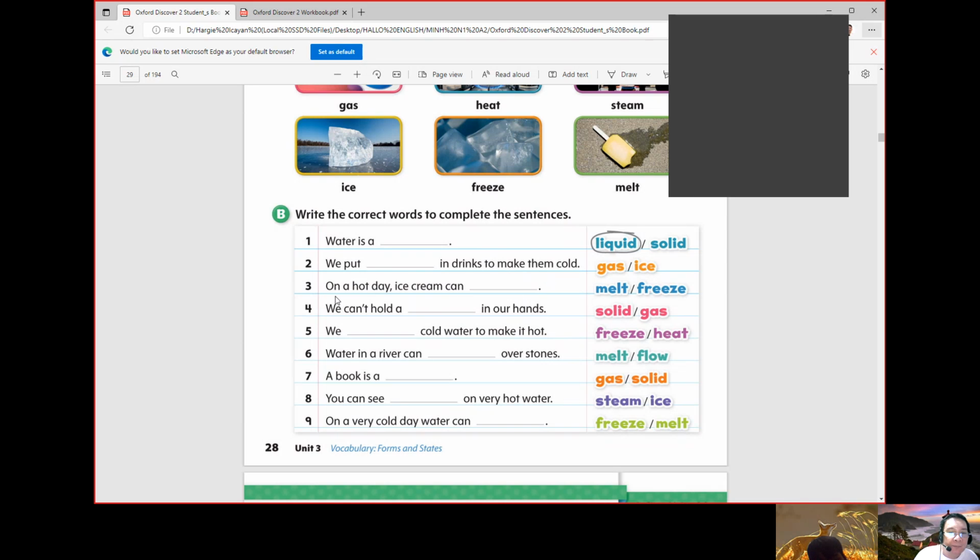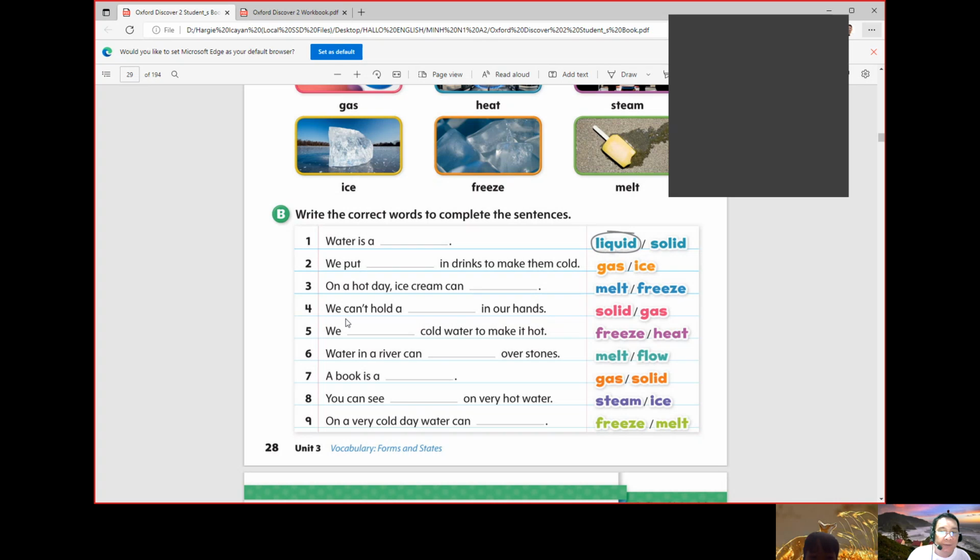Number three, on a hot day, ice cream can melt or freeze. Melt. It's melt. Very good.